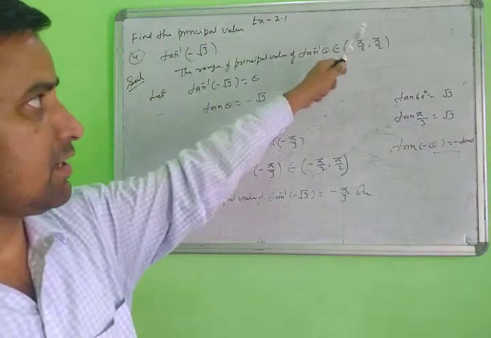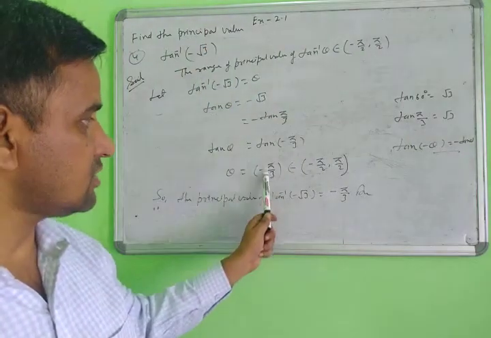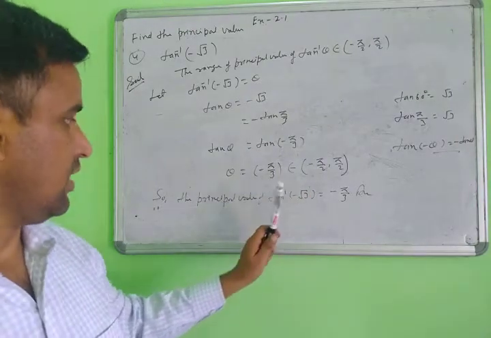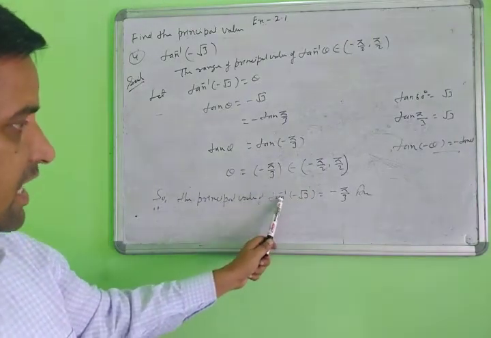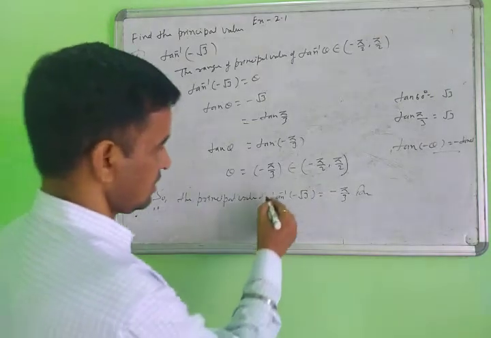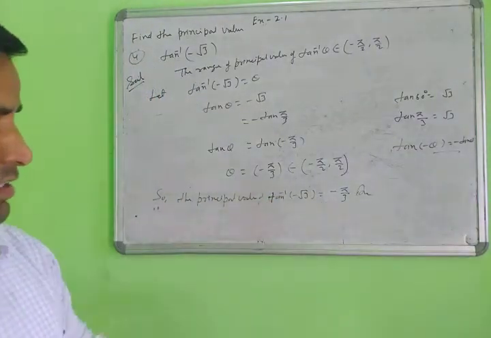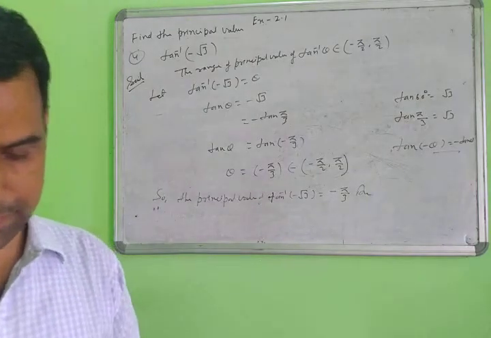For tan, this is the principal range minus pi by 2 to plus pi by 2. So the answer must always belong to this, otherwise your answer is wrong. Yes, the principal value of tan inverse minus root 3 equal to minus pi by 3. This is your answer. Then next question.